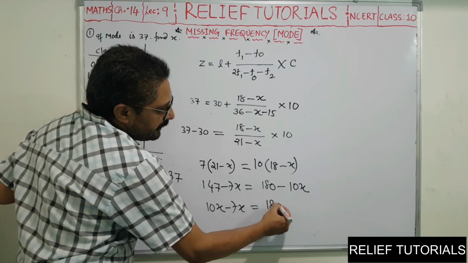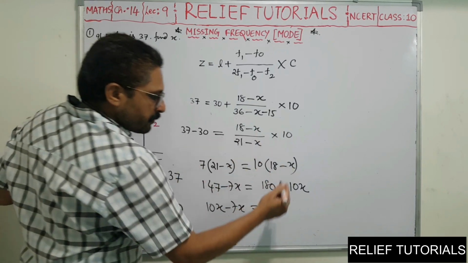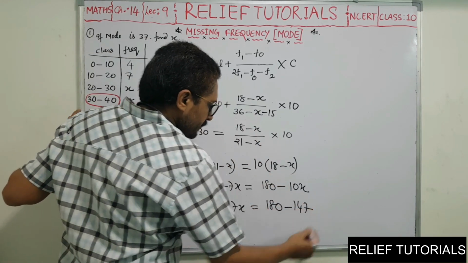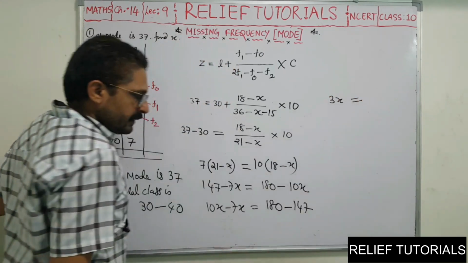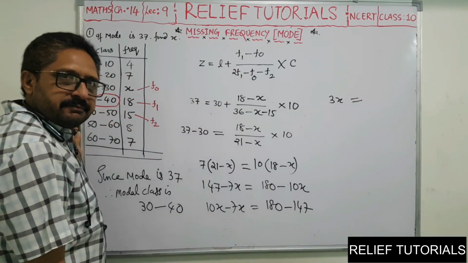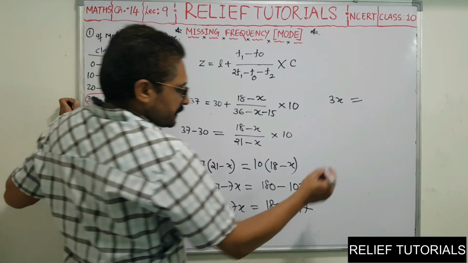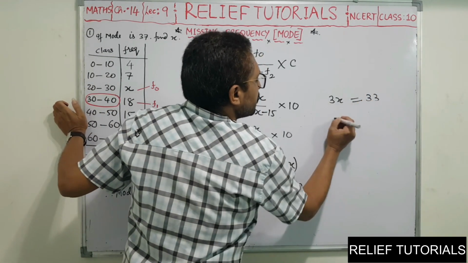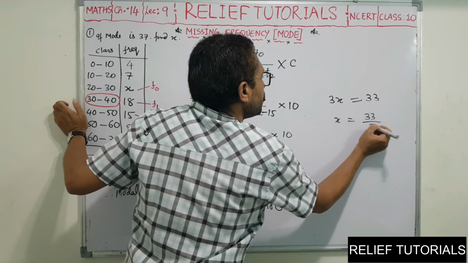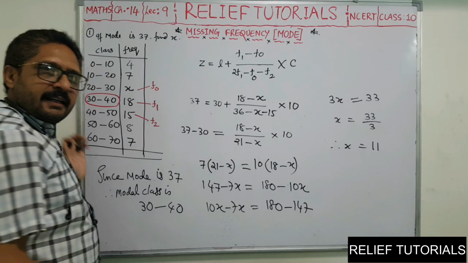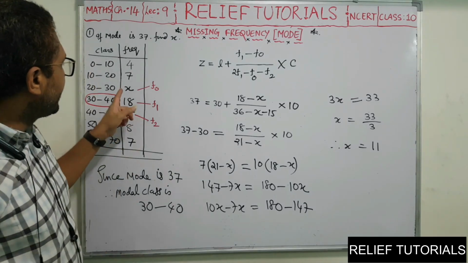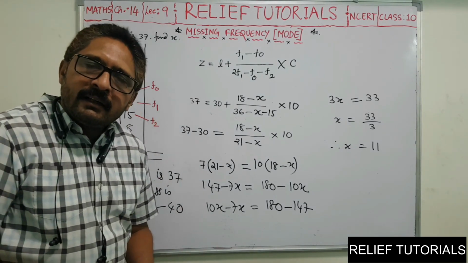Here it is 180, and when 147 goes here, it becomes minus 147. 10x minus 7x, you will get 3x. 180 minus 147, how much will you get? 33. So x is equal to 33 upon 3. Therefore x is equal to 11. So here the missing frequency x is 11.